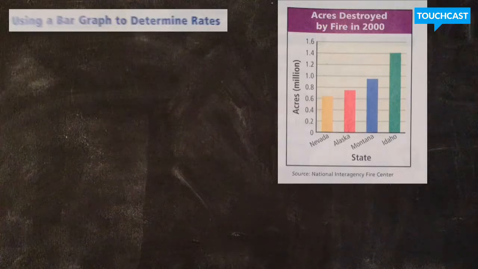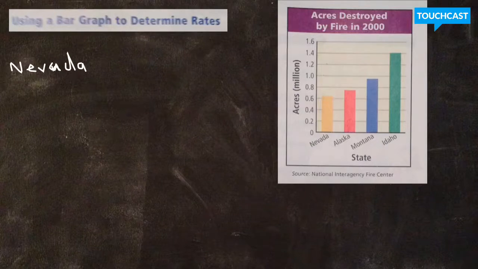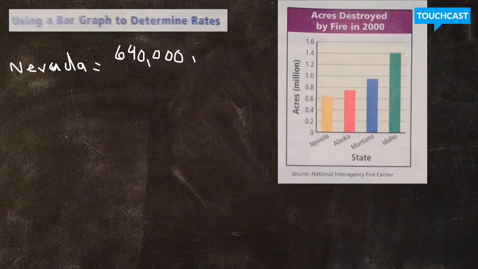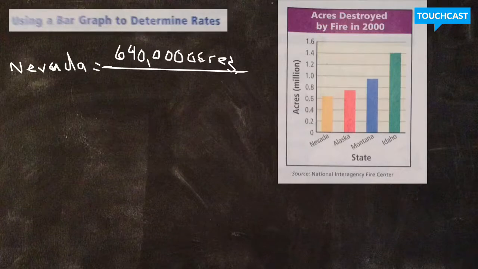So in Nevada, there were about 640,000 acres that were destroyed that year. So we'll put 640,000 over 366 days.